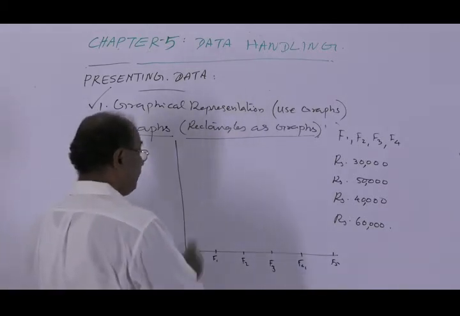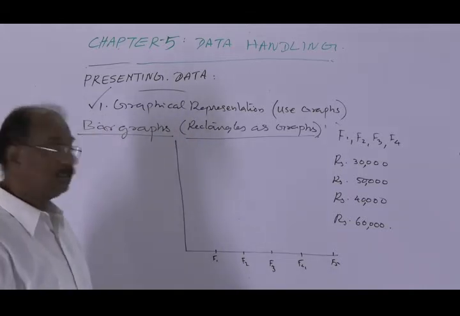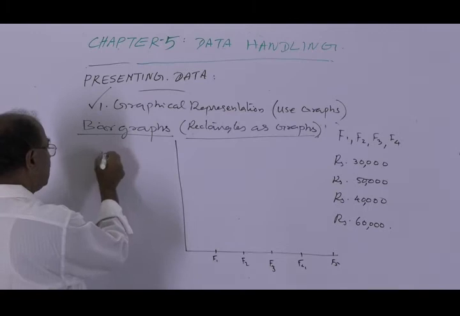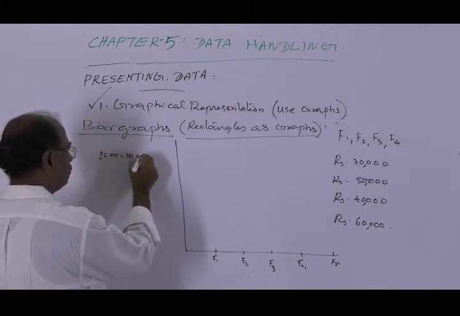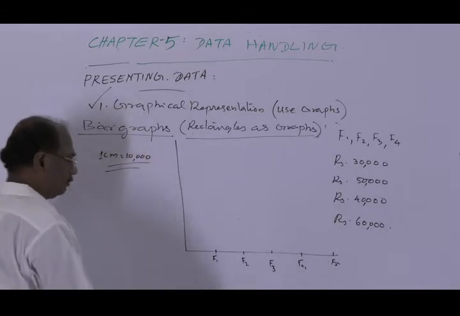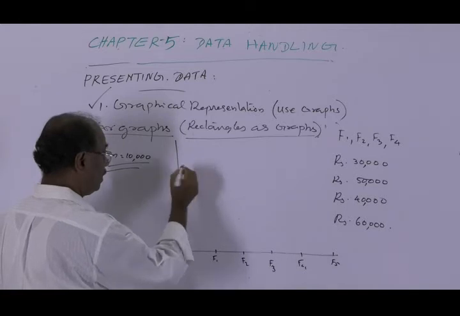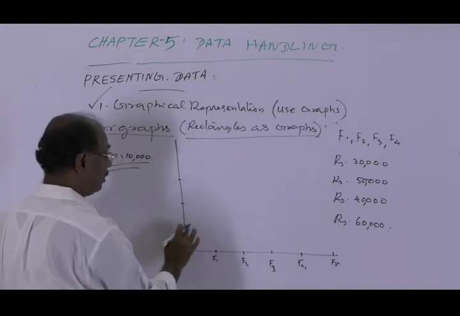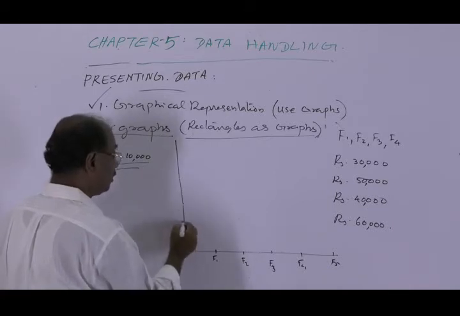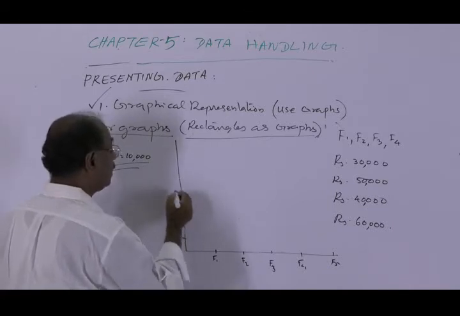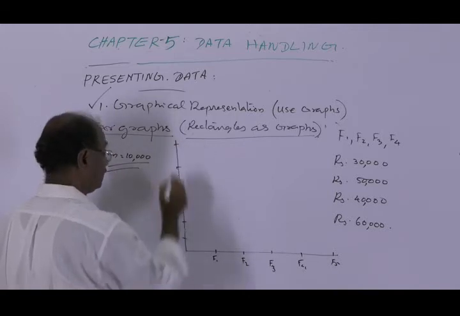And now the values along the vertical line. Suppose we take a scale of 1 centimeter equal to 10,000. Then mark 1, 2, 3, 4, 5, 6.